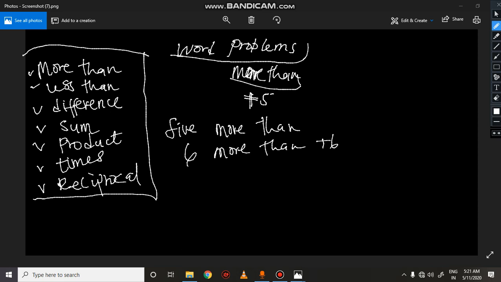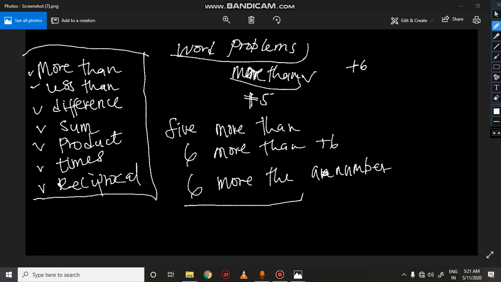So wherever you hear the word more than, it means plus the number. So 5 more than, 6 more than a number. That's how you'll be writing it.